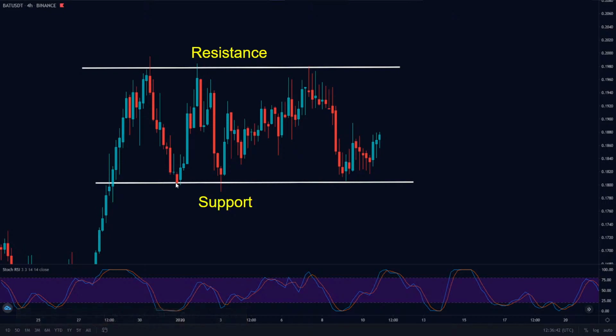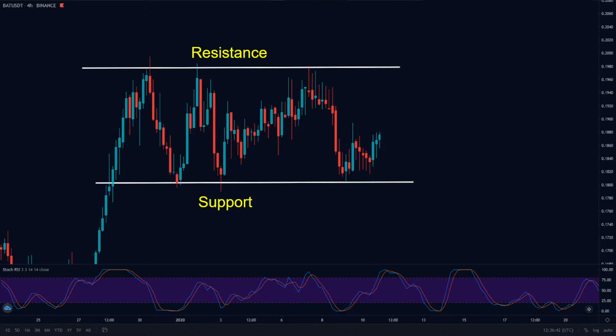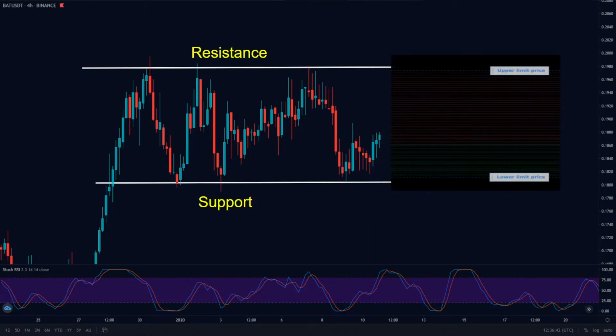So when you see the price bounces off the horizontal support line and reverts from the resistance, it becomes pretty apparent that you've spotted this pattern over here. And the configuration that you can use here is exactly this one.